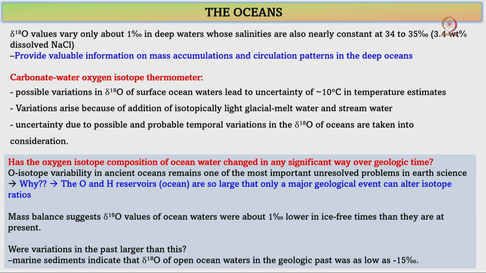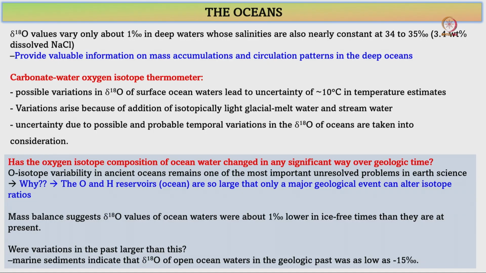Mass balance means how much water is now there in the ocean, and how much water is there on the continents as lakes, as rivers, as ice, everything, if it returns back to the ocean. If the continents become absolutely dry, and all the water that is there on the continent returns back to the ocean, what will be the ocean composition?